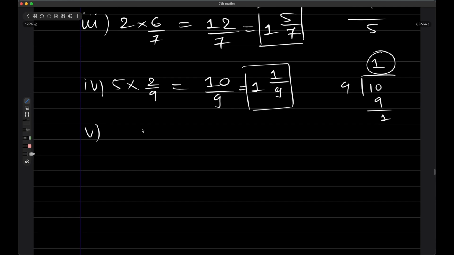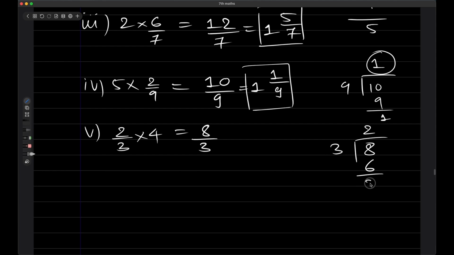Fifth is 2 by 3 into 4, that is equal to 8 by 3, and if we convert into a mixed fraction that is 3 2s are 6 and 2 remainder, that is 2 complete, 2 by 3.